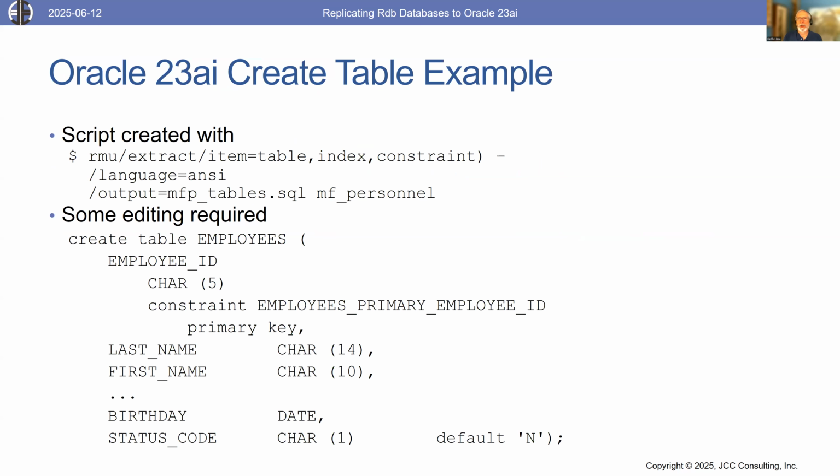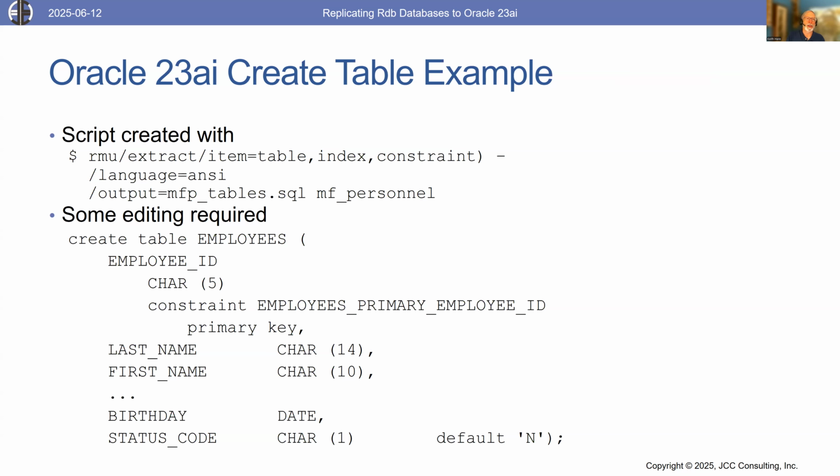All right, so we've got a source database that we created using the script. Now we need to create a target database. The script to create the target database can be created with the RMU extract. In this example, item equals table, index, and constraint.